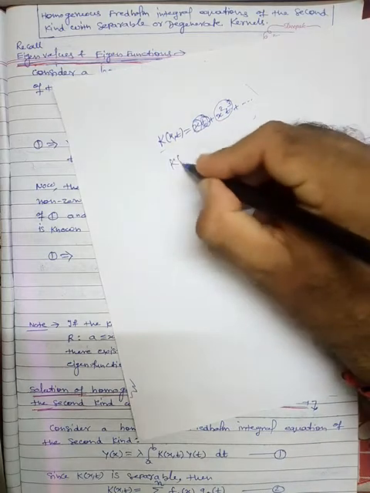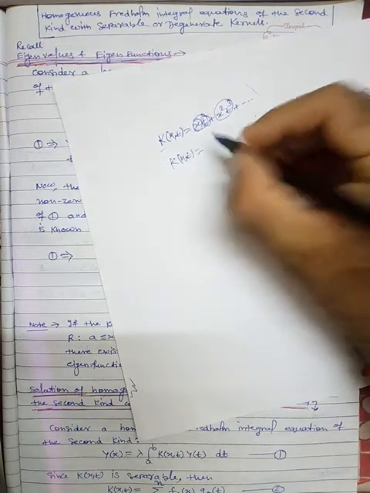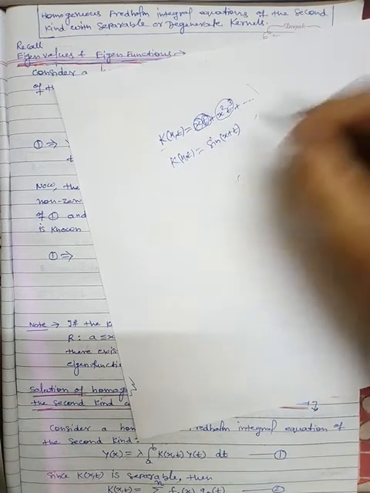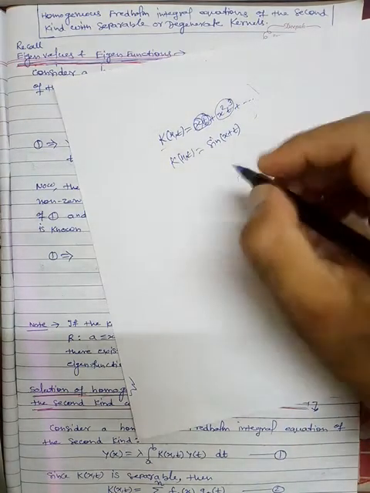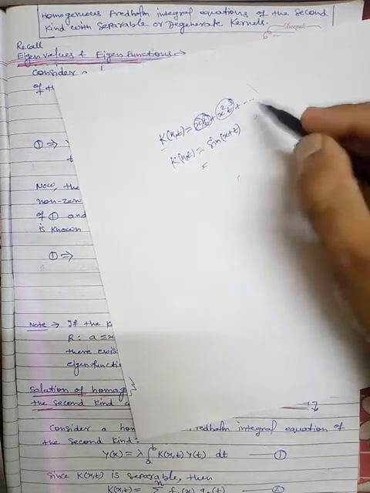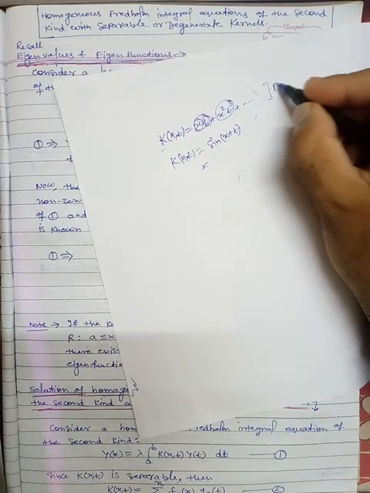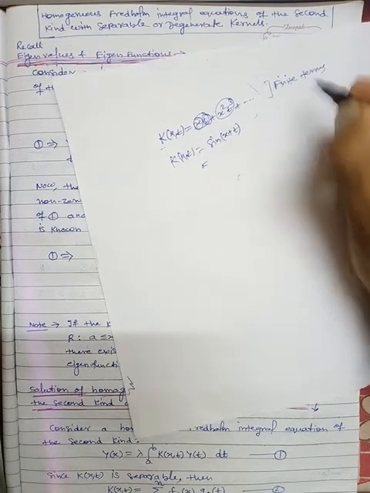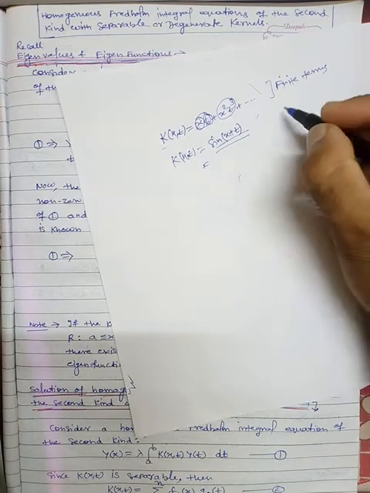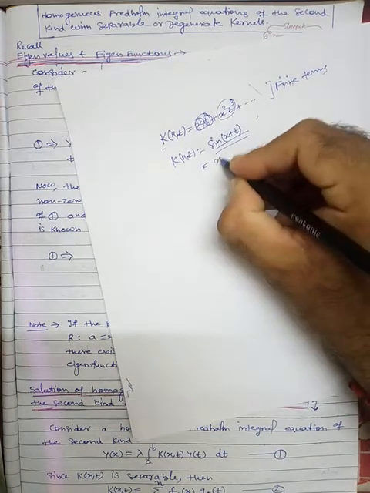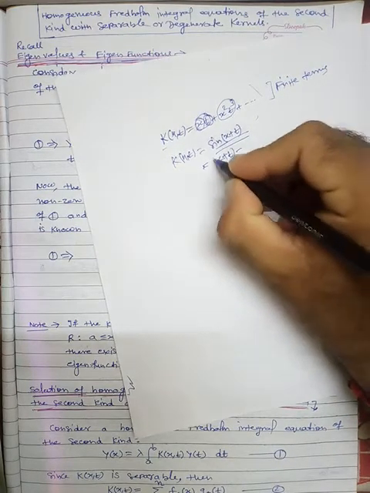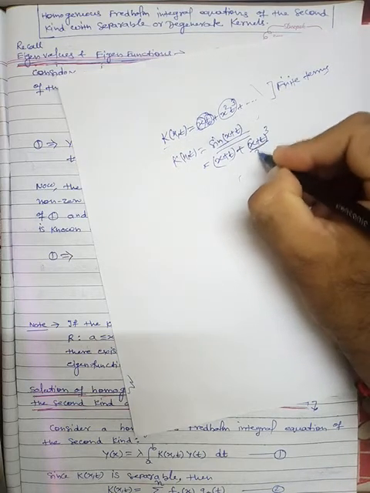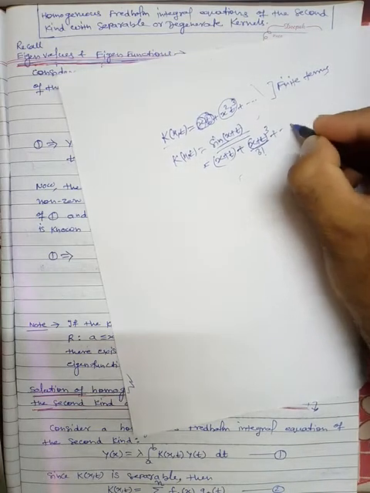But suppose K(x,t) is like sin(x+t). This is not a separable kernel, because when you expand this, you are not getting finite terms. Here the number of terms is infinite. When you expand this, you will get (x+t) minus (x+t) cube divided by factorial 3, and so on.